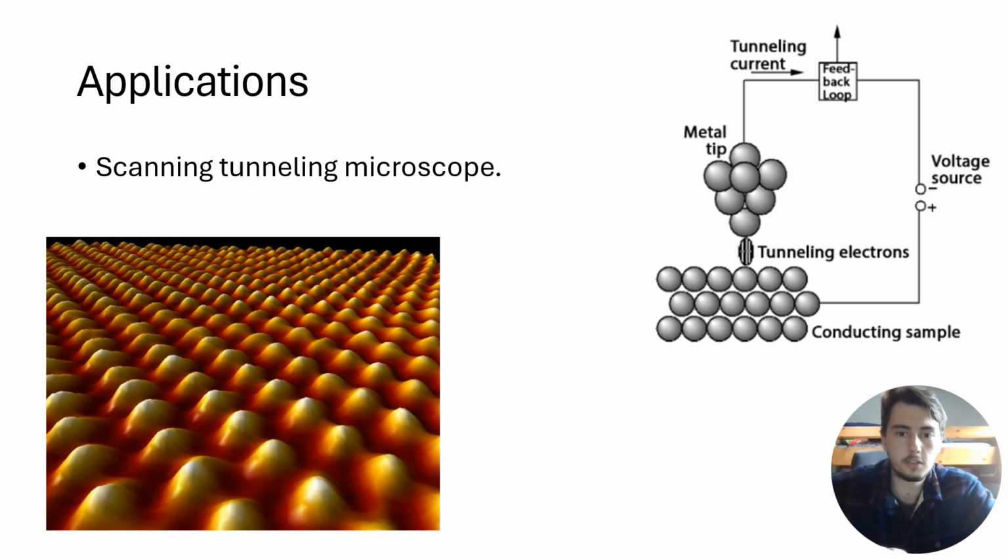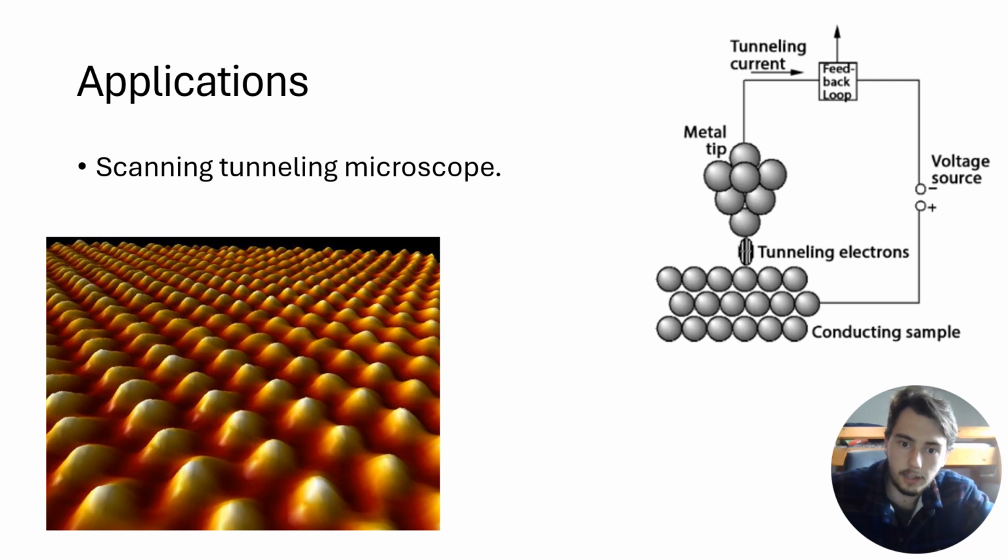And some of the applications that we've actually found for tunneling is the scanning tunneling microscope. Basically, you have this tiny metal tip, and what you're doing is you're getting really, really close to something, super, super close. And that's actually going to reduce your potential energy barrier to very, very small, right? Because you still need the energy to make it, like in this diagram, from this conducting sample to the metal tip.